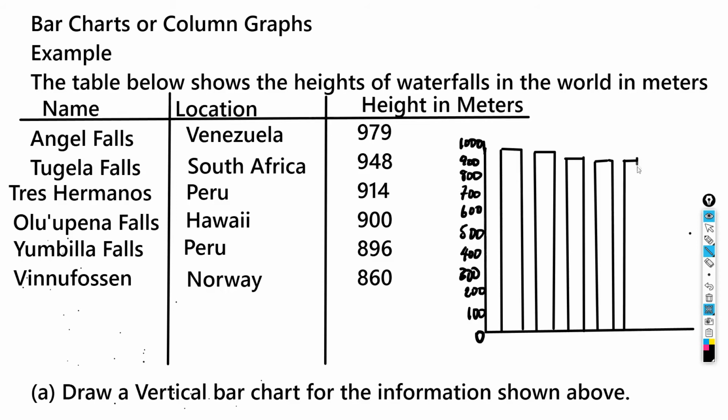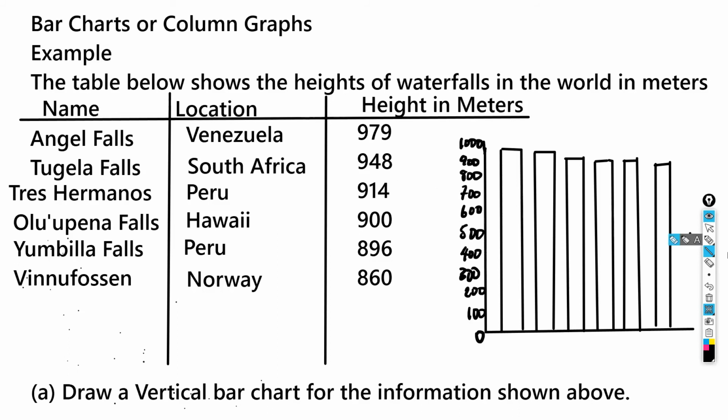And then we have 860, which is actually about here. Cool. So let's draw that one here. So this is a vertical bar chart representing the information, right?